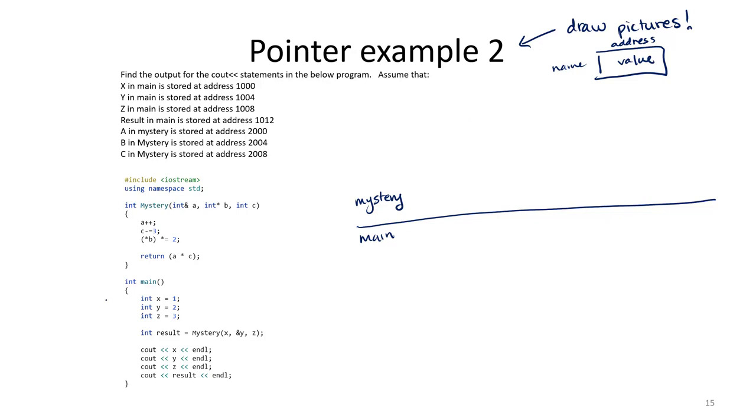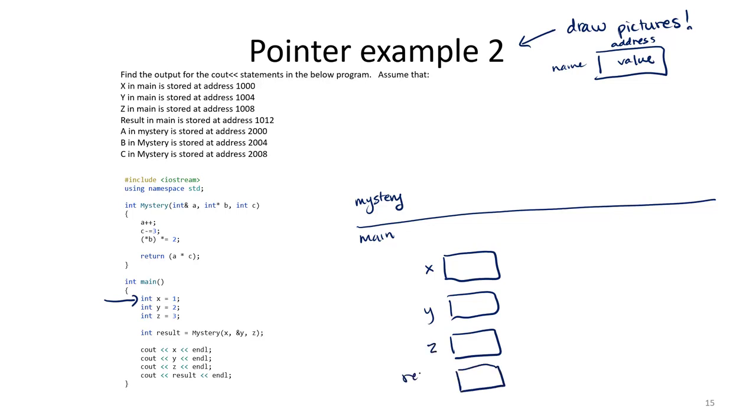Let's go ahead and start in our main function and go through this program line by line. We'll draw our pictures and keep track of what's happening. So in main, you see we first declare the variables x, y, and z. And we also have a variable named result.